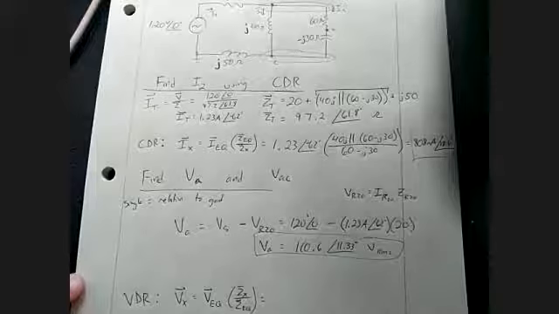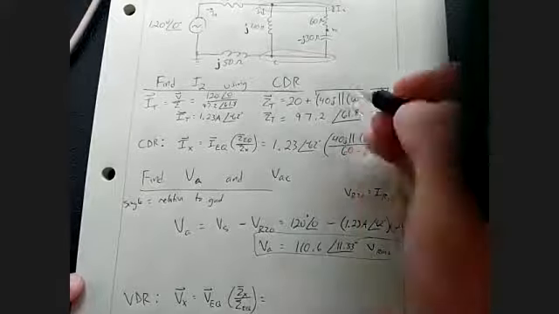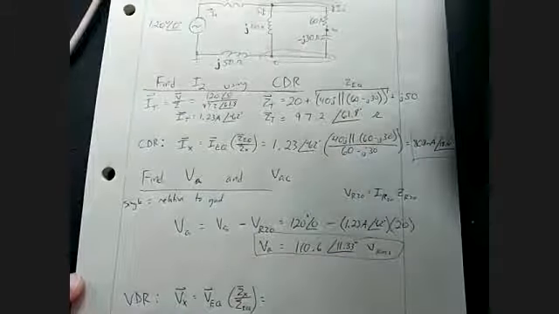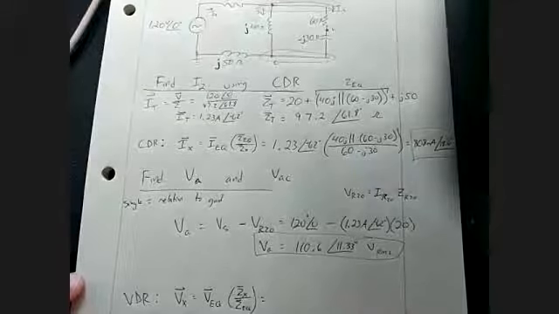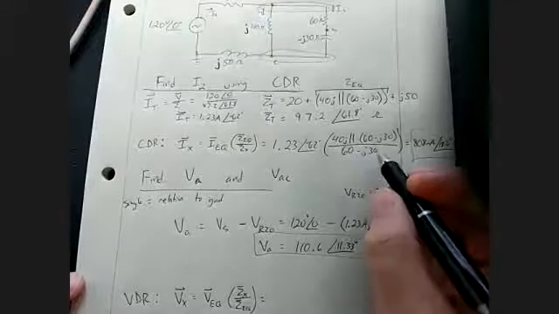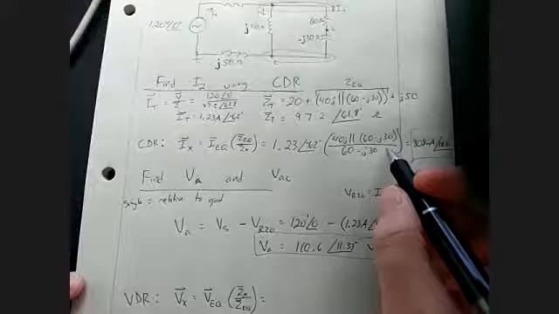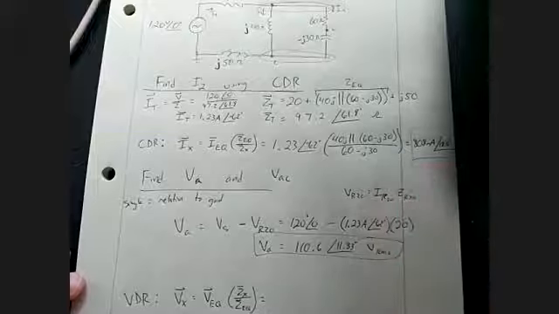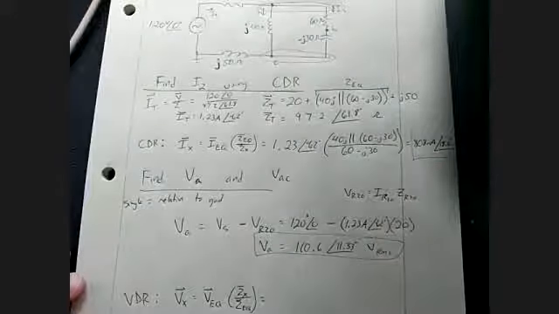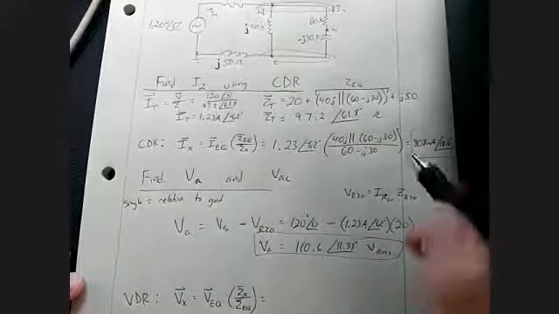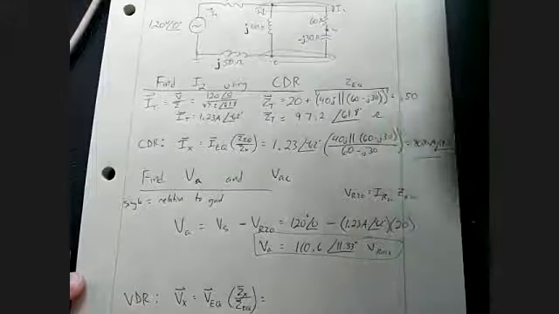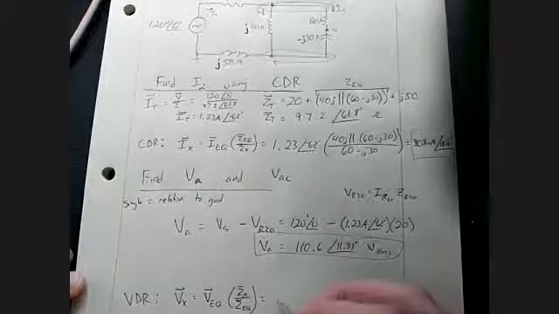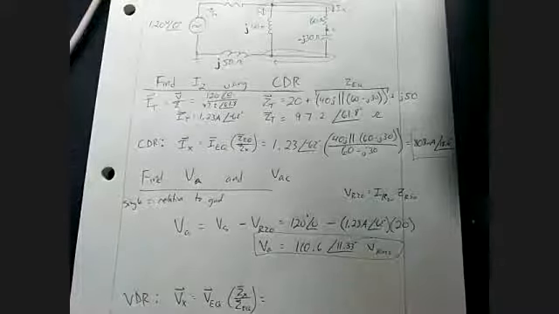And so if I put all of these Z's in a box, that same Z equivalent that we did earlier is what is inside this box from A to C. And so that same 40 parallel with 60 minus J30, 44.1 angle 54. That's the same as that Z equivalent. So there is that Z equivalent, which happens to be AC. It's the same Z equivalent from earlier, but everything must be in series, use voltage divider rule.